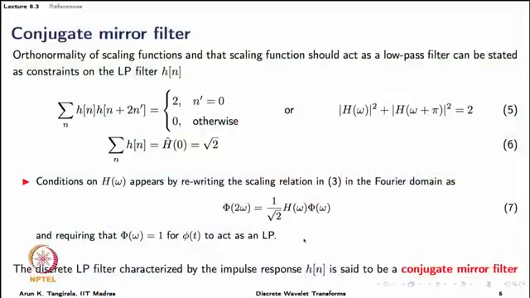You can show that there are 2 primary constraints on the scaling function: one, that it should be orthonormal, and two, that it should be a low pass filter. Orthonormal would mean the integral of phi of t times phi of t minus n dt is 0 for all n not equal to 0.